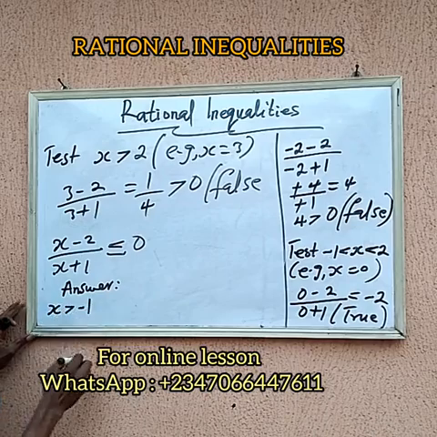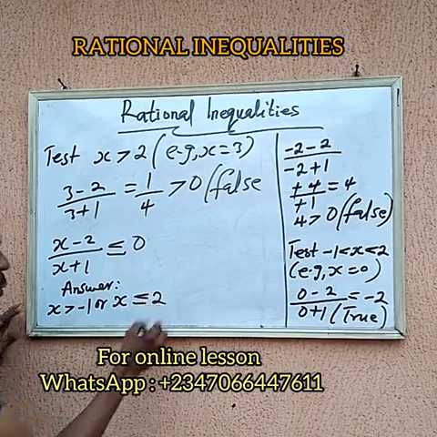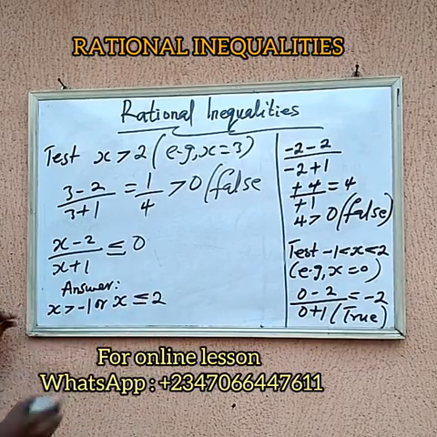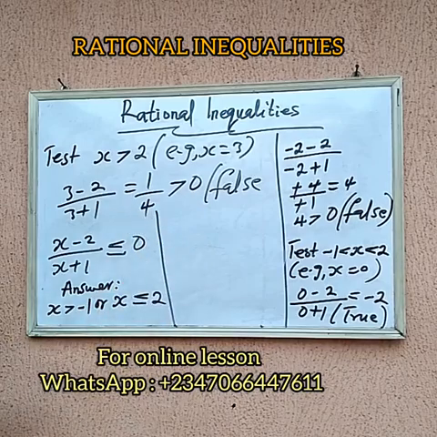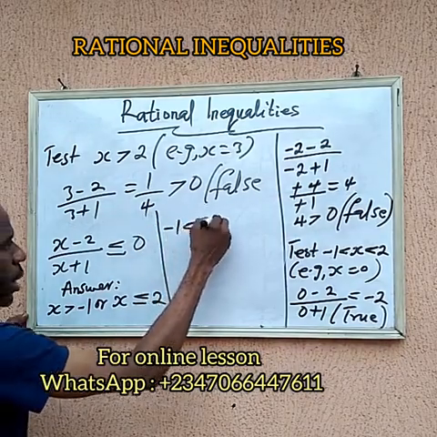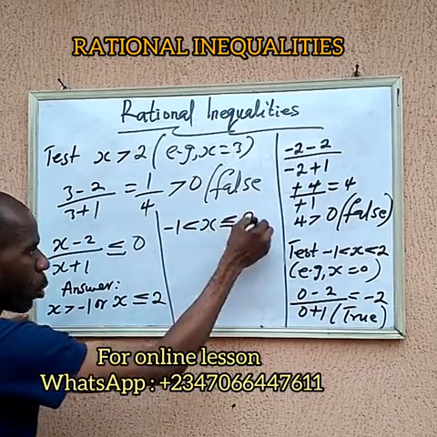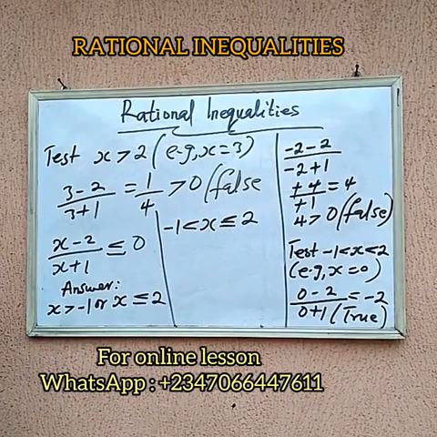X is greater than negative 1. Then x is less than or equal to 2. See that now? Because after plugging x equal to 2 into that numerator, it gives you exactly 0, that means 2 is included in our solution. This is how we write it in inequality form.